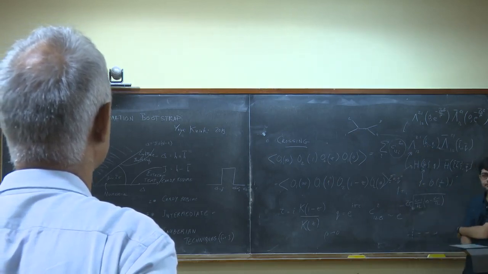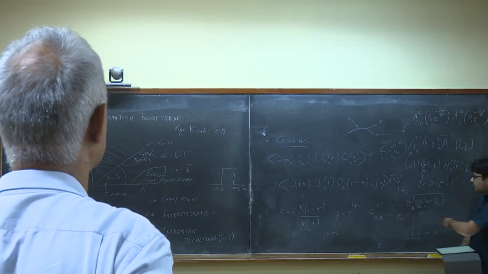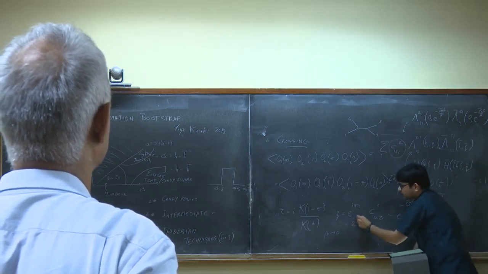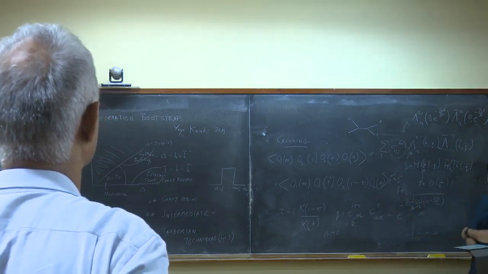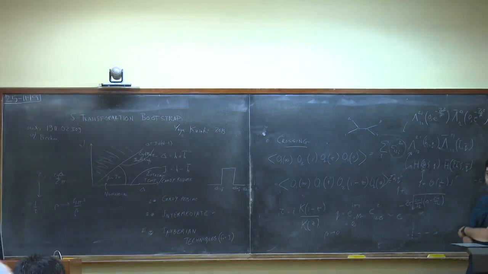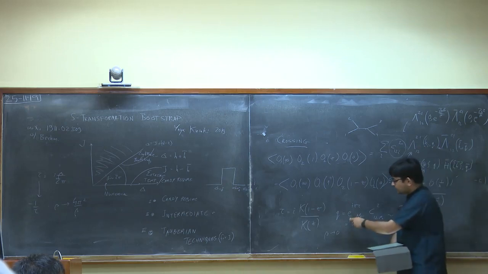What is beta in terms of Q, etc.? Sorry, this is e to the power minus beta over 2. So you take the limit of beta going to 0. And Q was e to the power i pi tau.